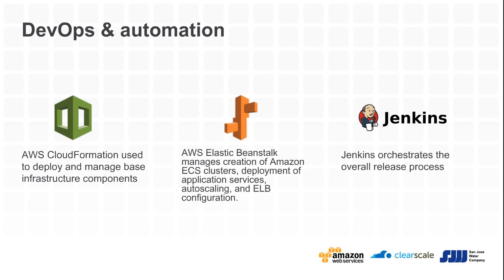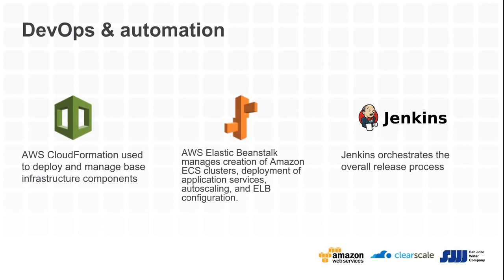We like to use CloudFormation to deploy and manage the base infrastructure components. When I talk about that, I mean creating VPCs, creating the subnets, attaching the internet gateway, configuring routing tables, creating security groups, VPN gateways, basic networking infrastructure components like that.